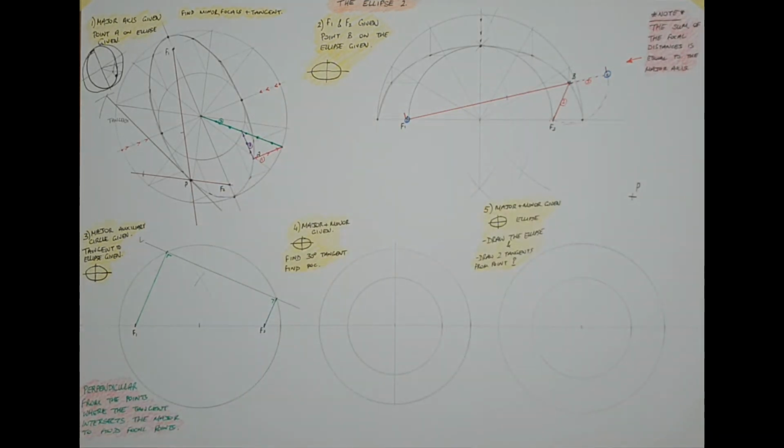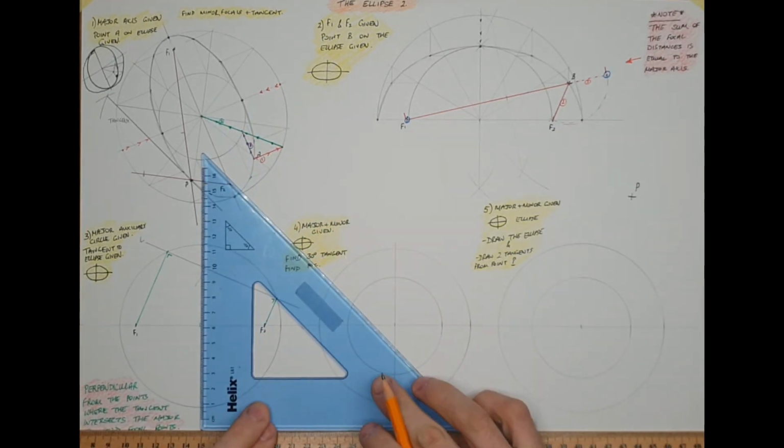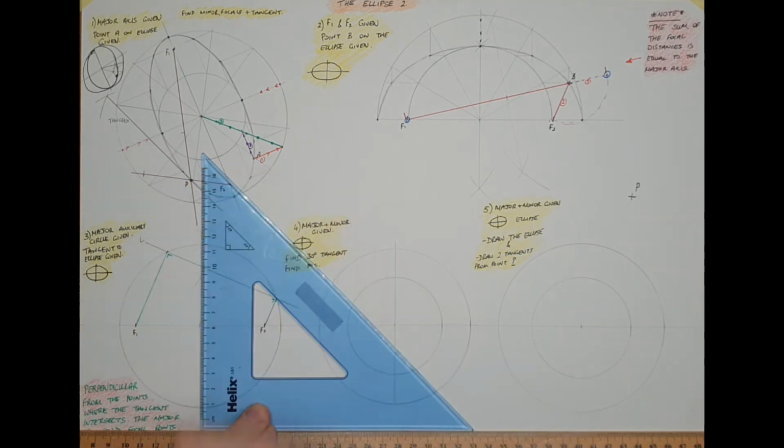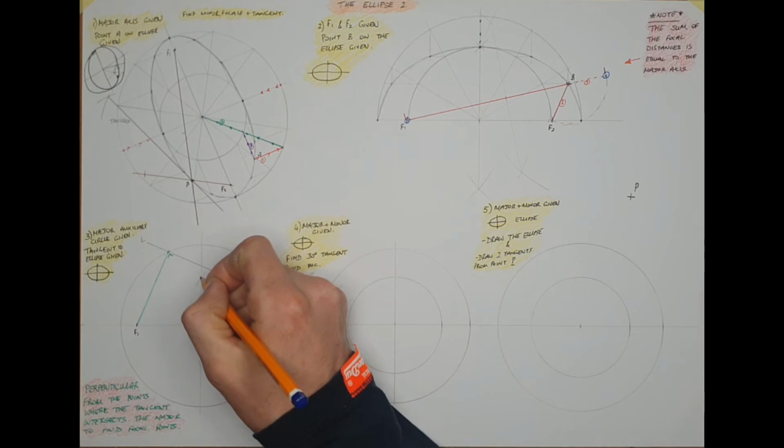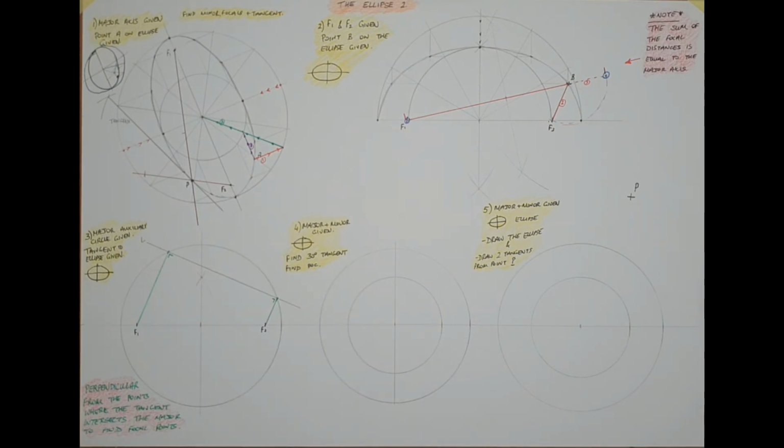Let's just see how accurate this is. By drawing the minor axis perpendicular to the major, does it go through the point? Yes, it does. So that gives me my minor right there.